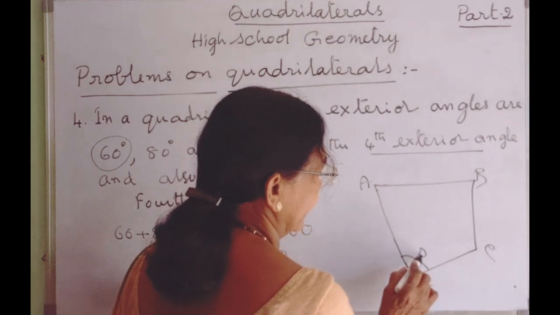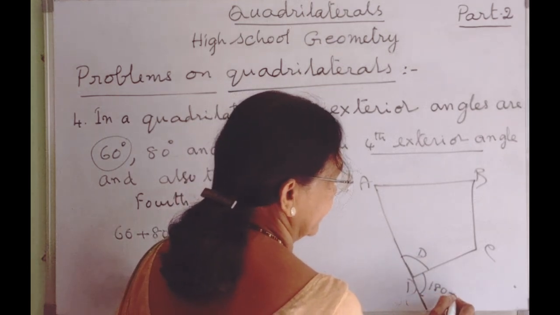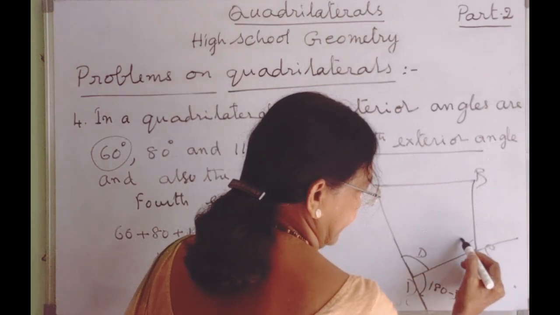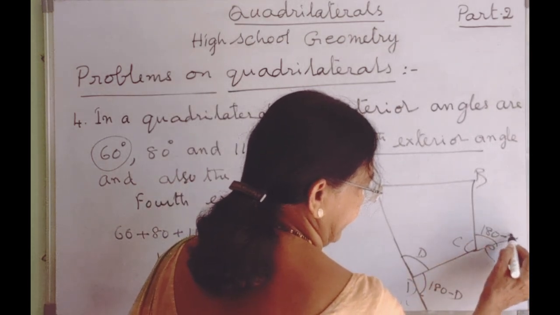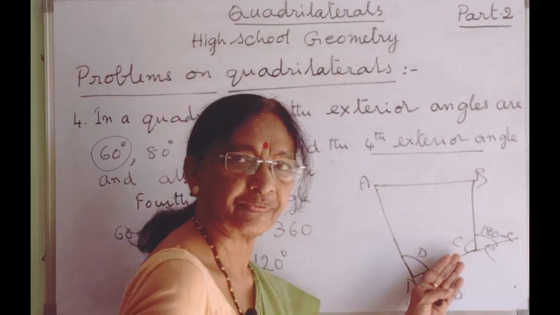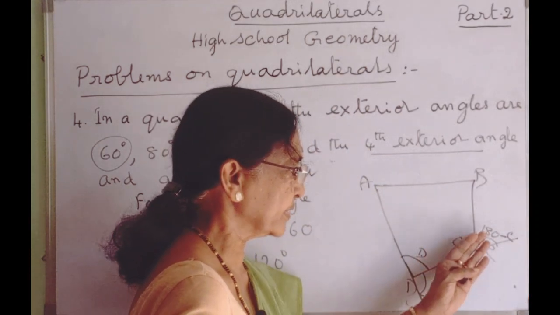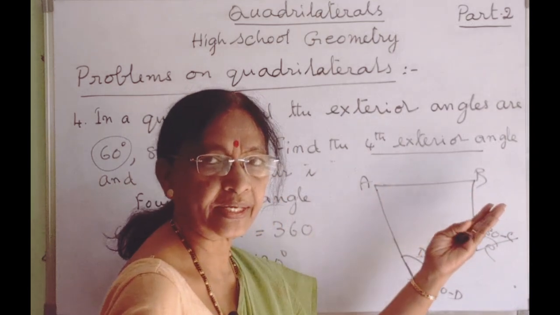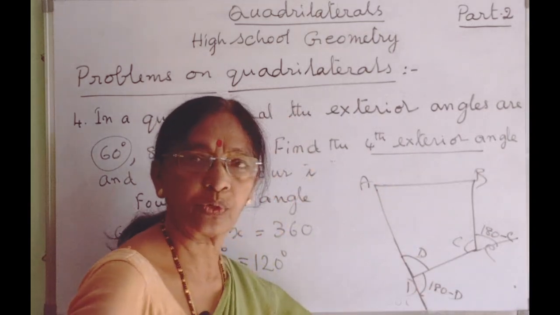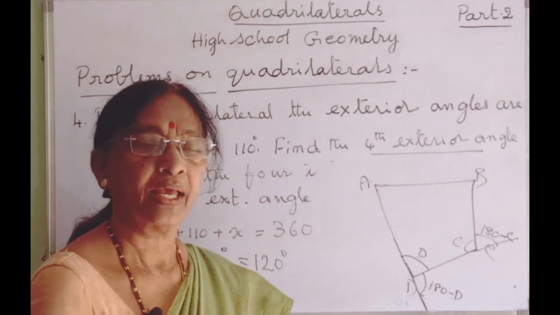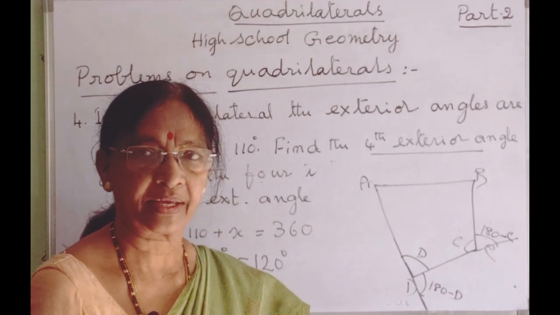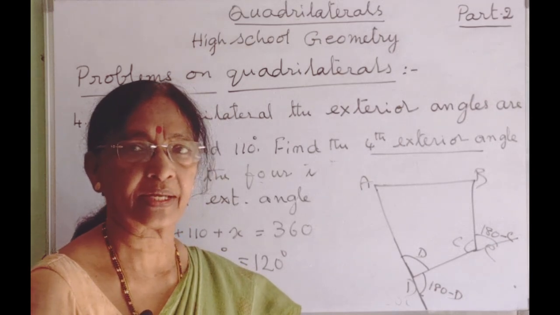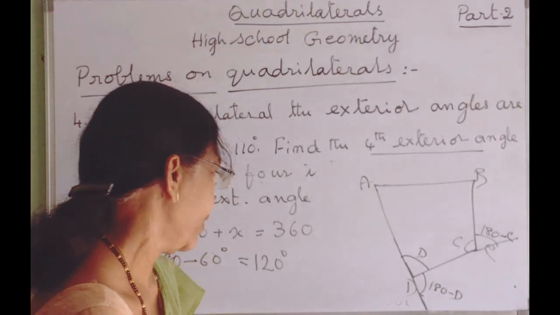Therefore exterior angle at D is 180 minus D. Similarly, exterior angle at C is 180 minus C. So if interior angle is C, exterior angle is 180 minus C. At a vertex in a quadrilateral, the interior angle and the exterior angle are supplementary. The sum of the interior angle and exterior angle at the same vertex is equal to 180.